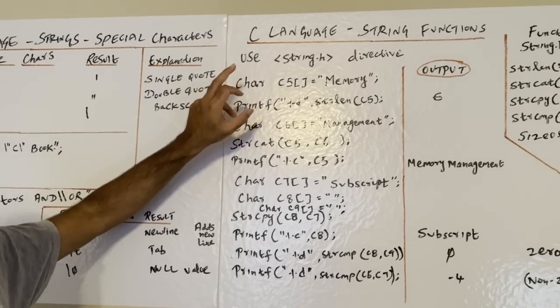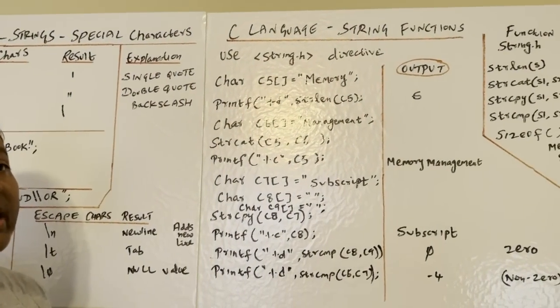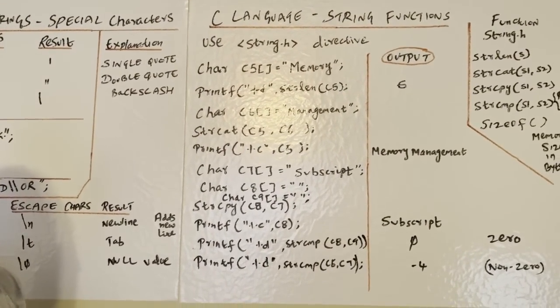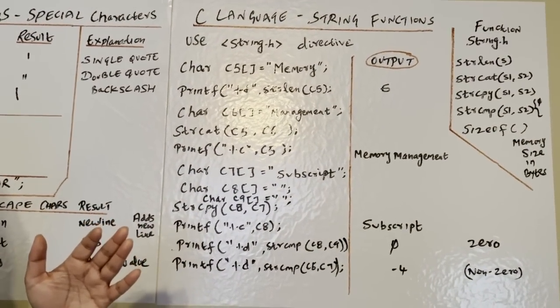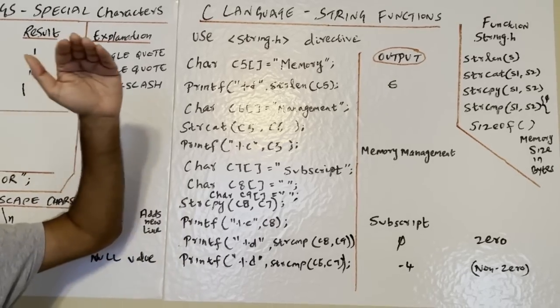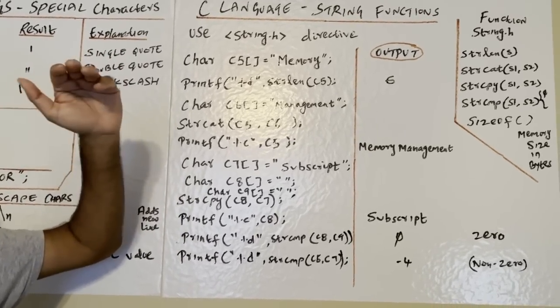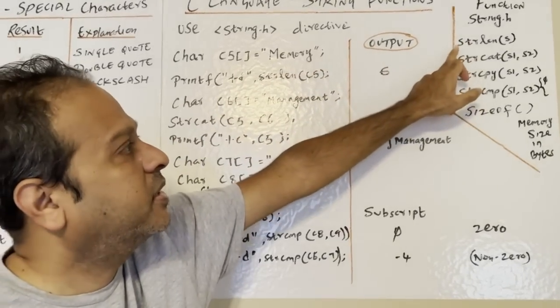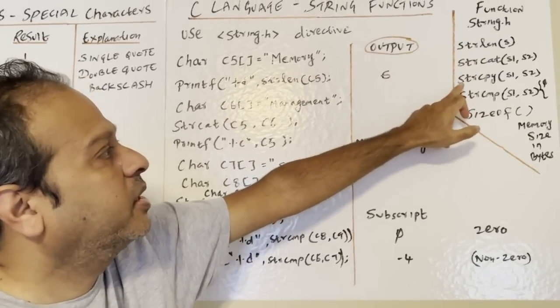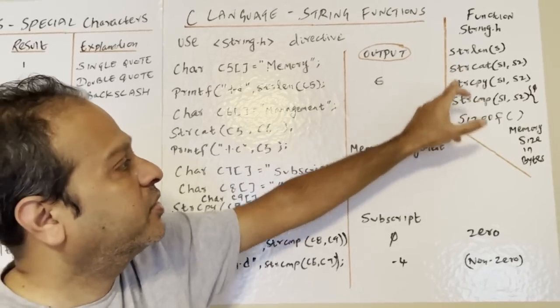And in the next lesson, I'll talk about directives. A directive is a set of code, like a library of functions. It's called a header file. It will be at the topmost of every program, and the header file will have definitions for all of these: length, concatenation, copy. It will have one line for each of these.